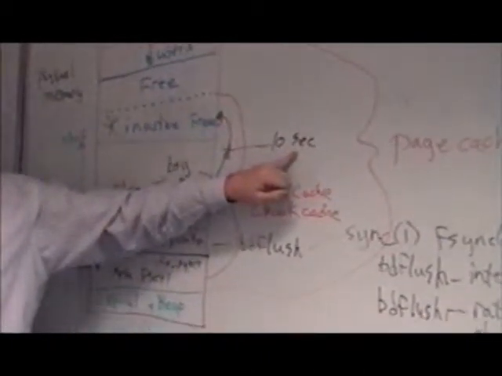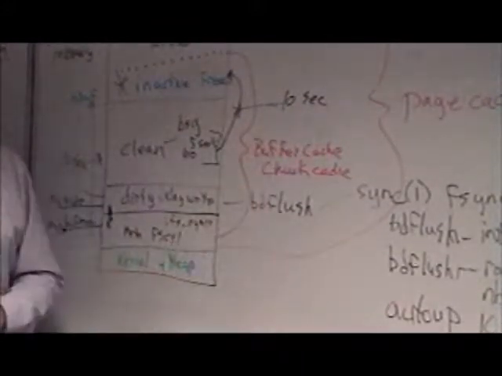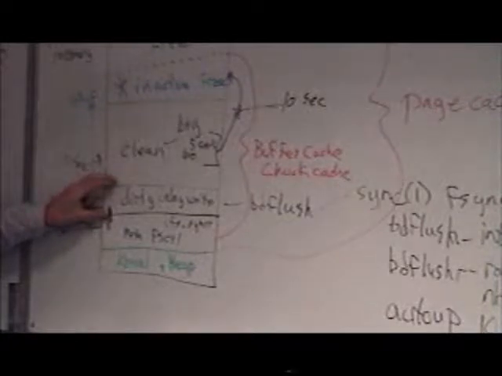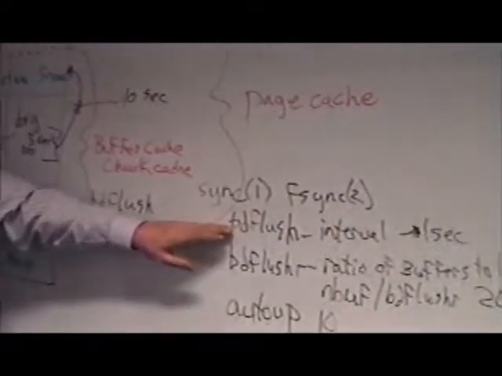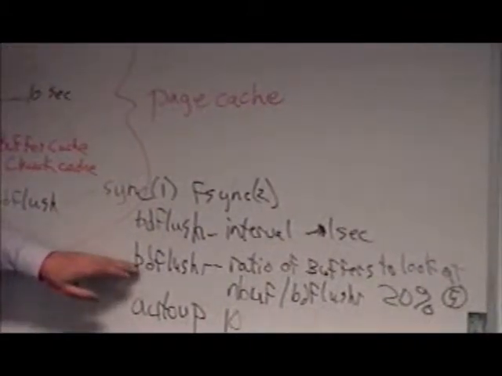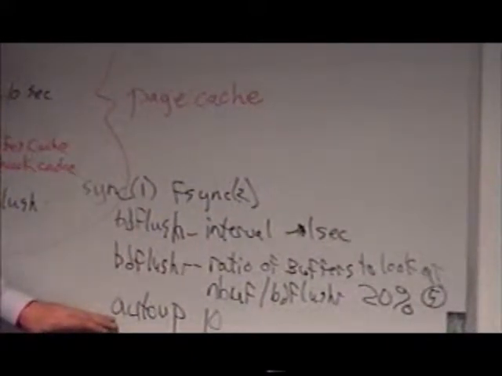So you don't want to get that detailed about it. So what controls the size of this dirty delayed write area is BD flush R, and the key parameters that control it are how often do I wake up to do my syncs, what percentage of the buffer should I look at, and how old do they have to be before I flush them.